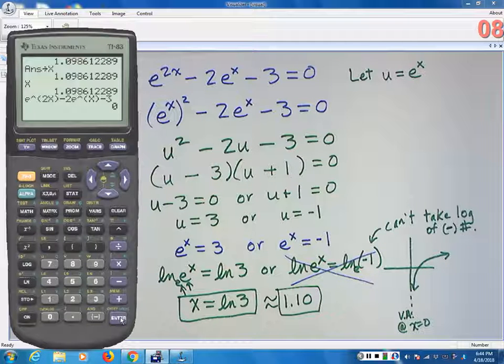I pressed the store button, and it stored my answer that was on the calculator into the variable x. And then I was able to just type the equation. Make sure you close those parentheses in the right place, and I could check it that way. So it doesn't take that long to check. These are equations you can check.